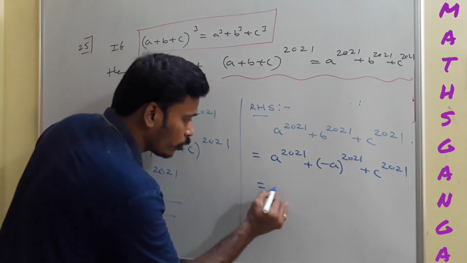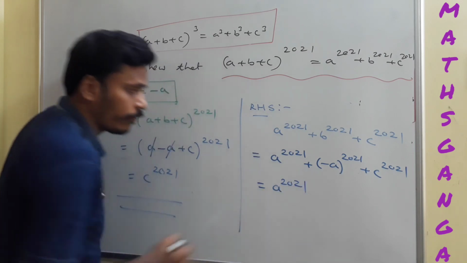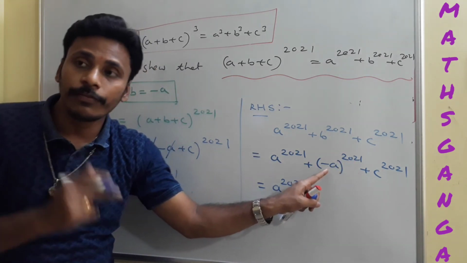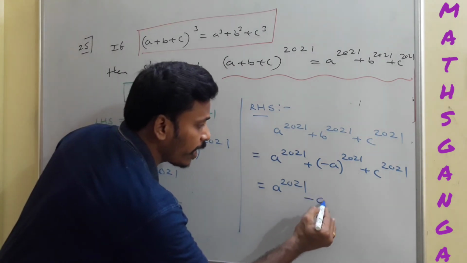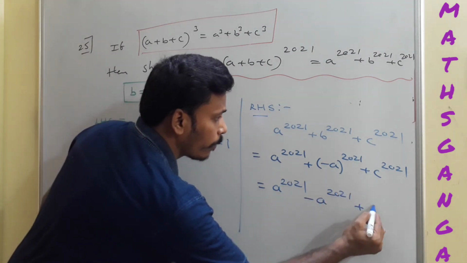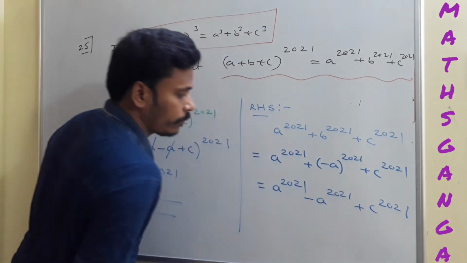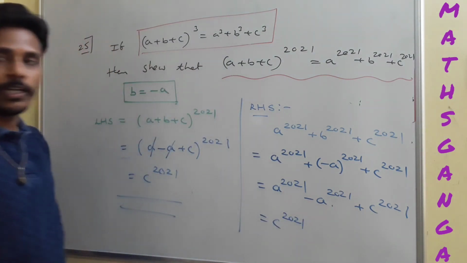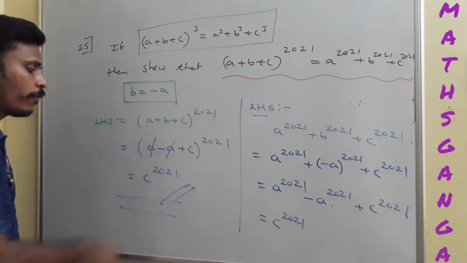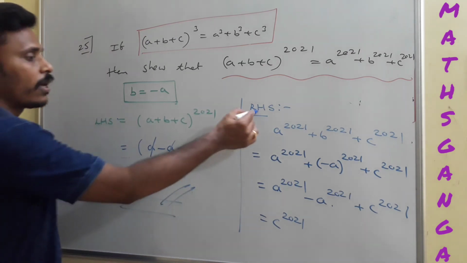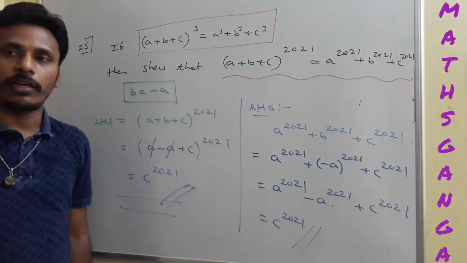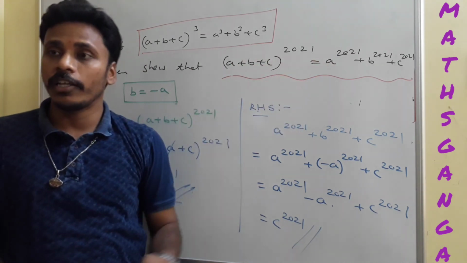And this power is an odd number, so the minus stays, giving minus a power 2021 plus c power 2021. These 2 terms will get cancelled. You are left with c power 2021. The left side on simplification is c power 2021, the right side on simplification is c power 2021. At the end both are equal and this statement is true.